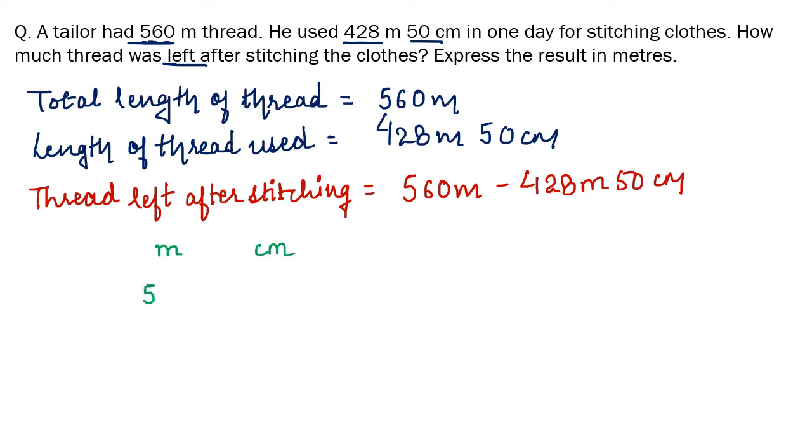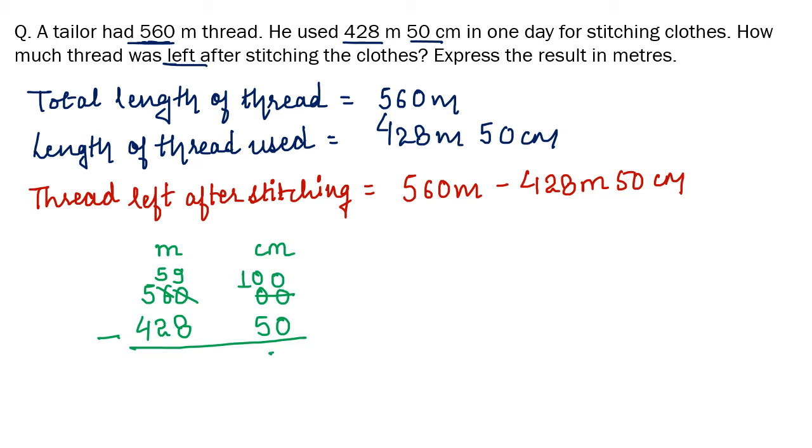We have 560 meter. Centimeters are not there, so we will write 2 zeros in the centimeter column. Then here we have 428 meter and 50 centimeter. Subtract them. So firstly we have to borrow from the meters column. So here we will be having 9 and 5, and here it will be 100.